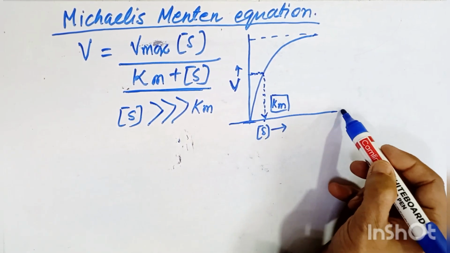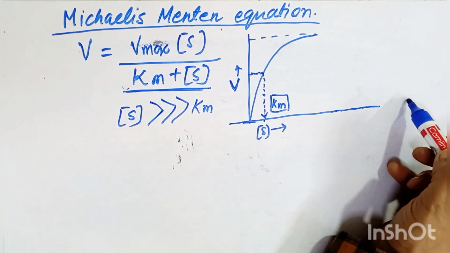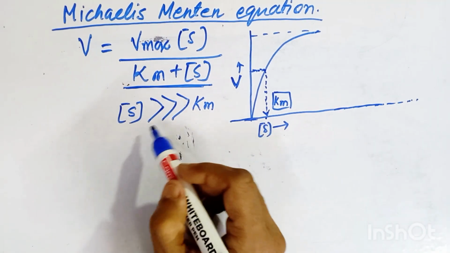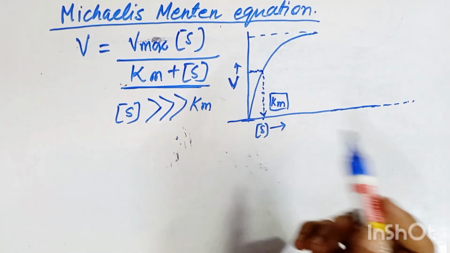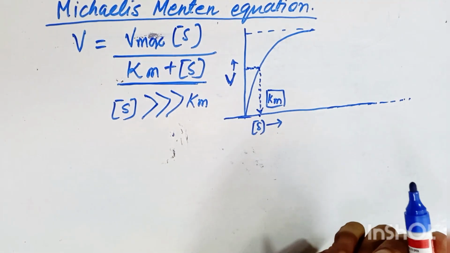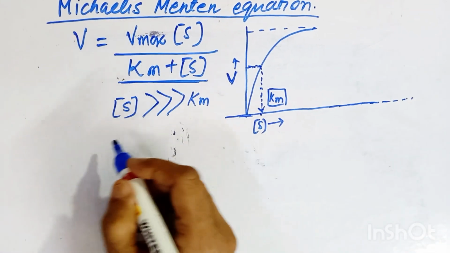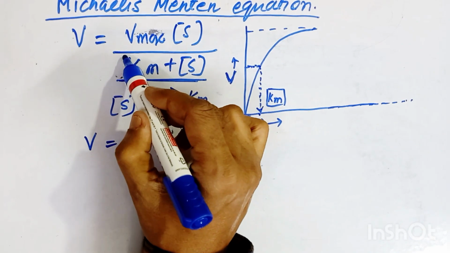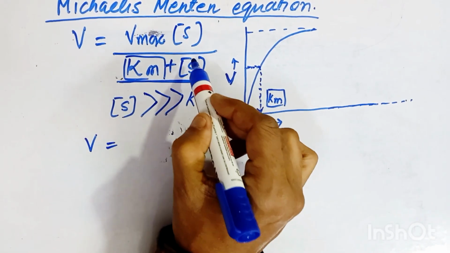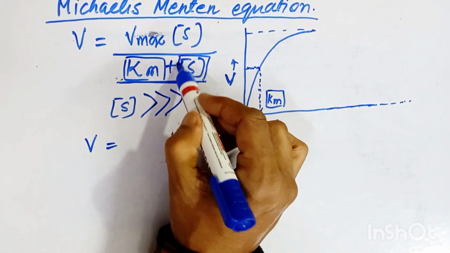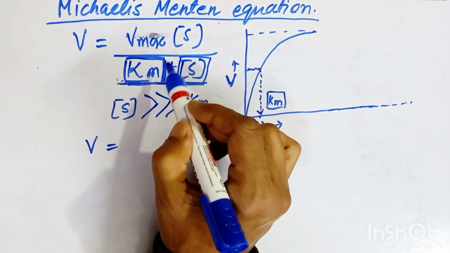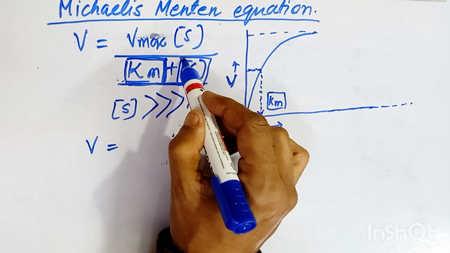I take a much higher substrate concentration, much higher than the value of Km. Then how does the Michaelis Menten equation change? Then we can ignore this Km because it is a very insignificant value compared to the substrate concentration.